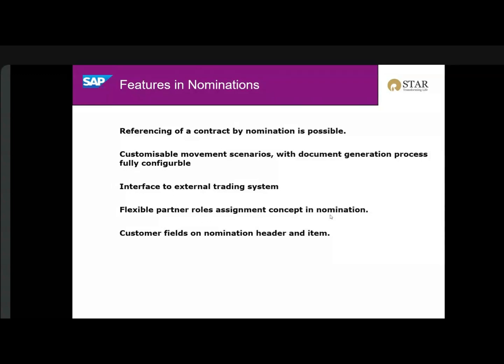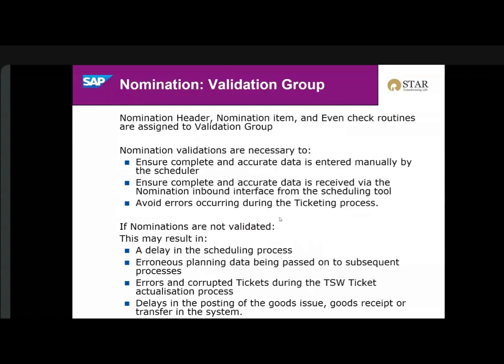Partner role assignment. Customer fields, nomination header and item. Customer also can be assigned to a nomination. Validation group, that's what I told you, that validation checking.